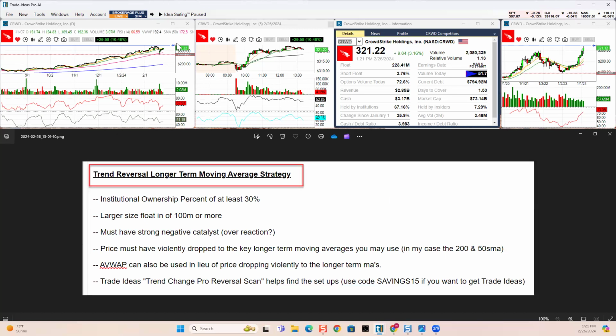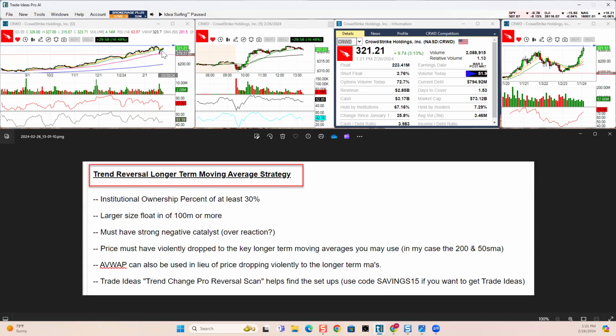Now, the chart CrowdStrike, excuse me, CRWD, you could see the same thing happen. Now, it wasn't as violent of a drop, but it did have earnings. And if you look on this left chart, follow my cursor, it did drop last week straight to the 50-day moving average, the key longer term moving average, which is maroon, and then the same process.